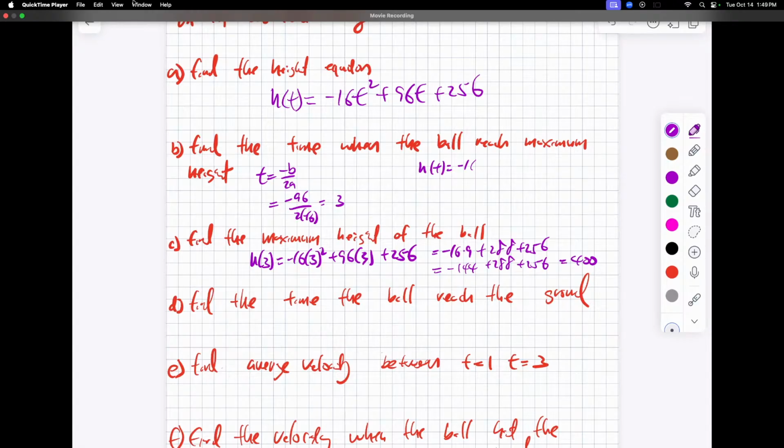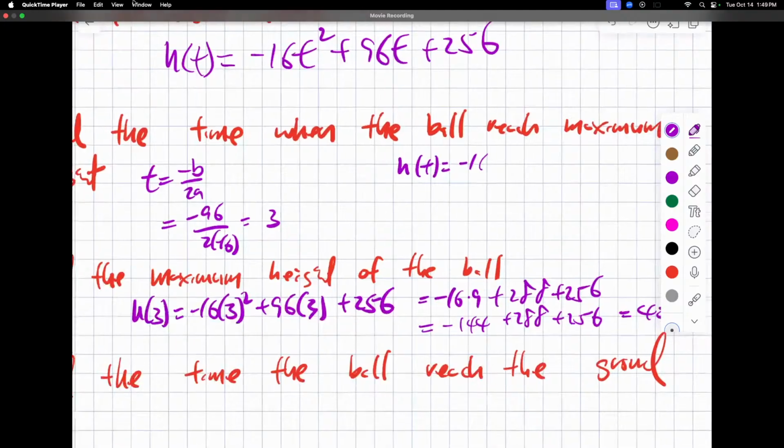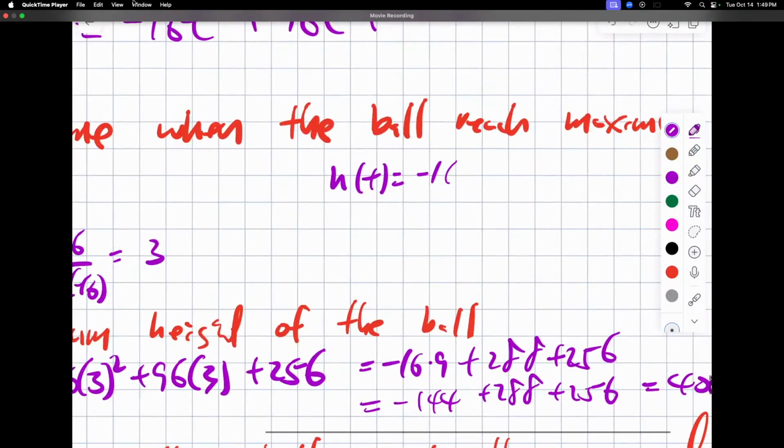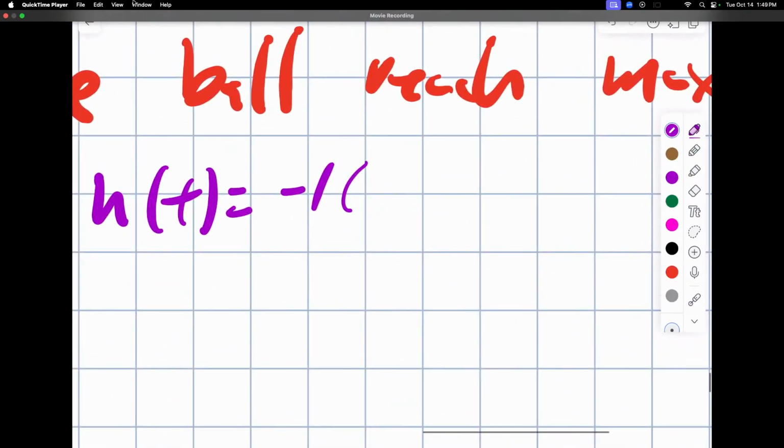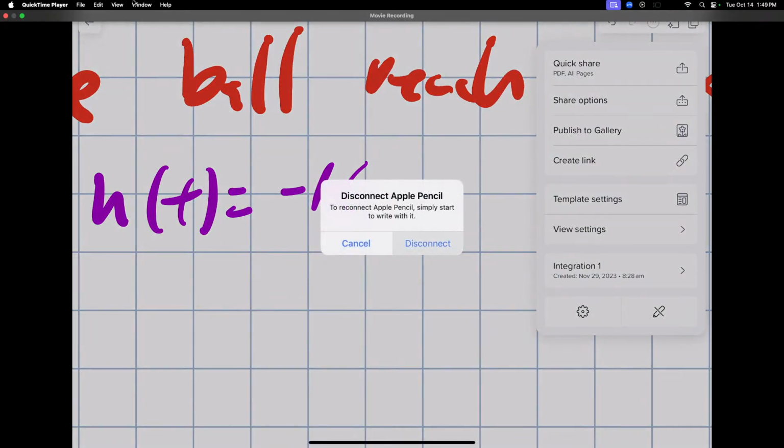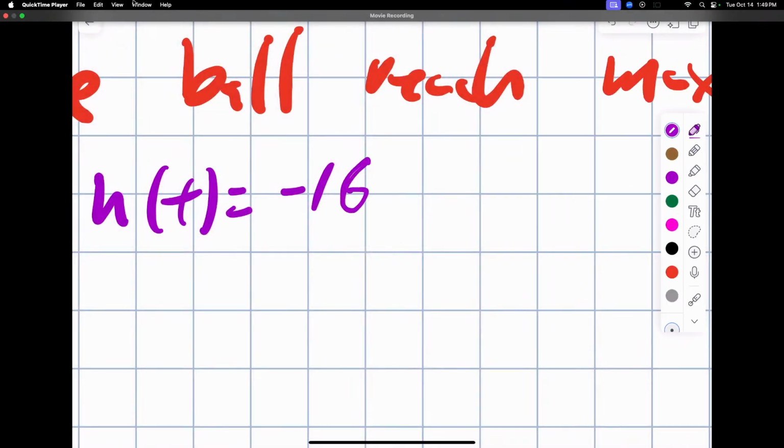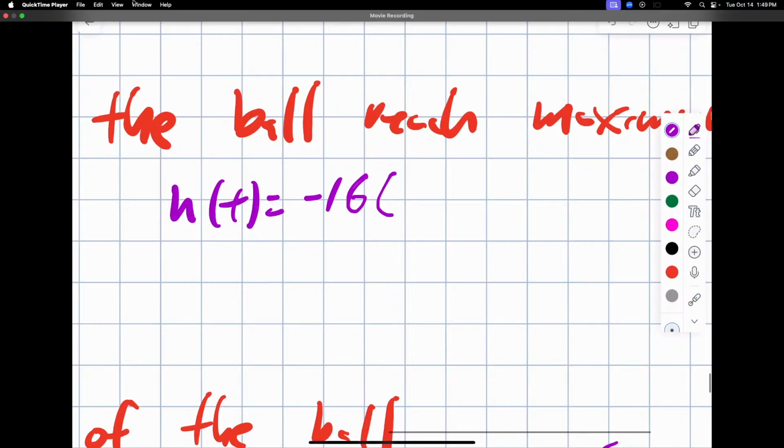Left to right. So you just have to find negative b over 2a. The hardest part is just the starting point. Wait, don't you just plug in three? Actually, you plug in B. That's minus 3. Oh, it's 3 squared.